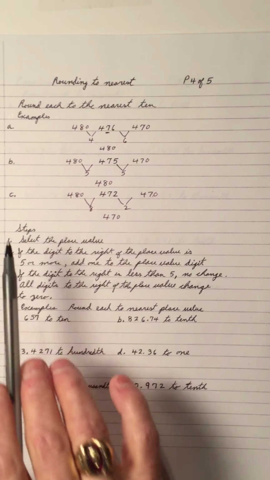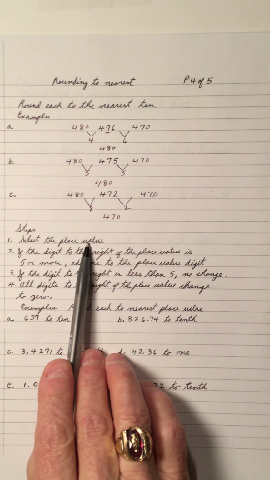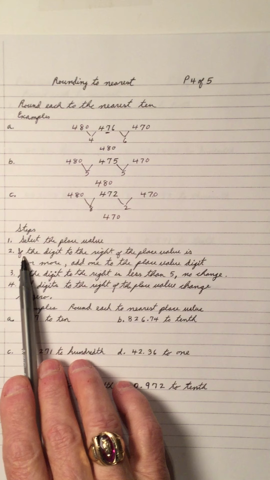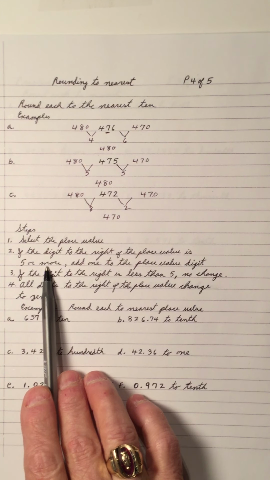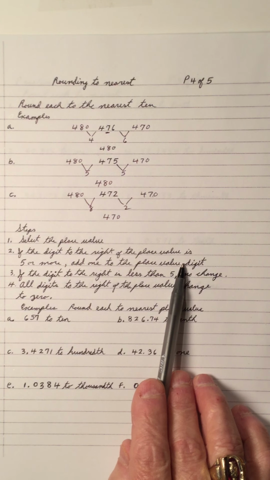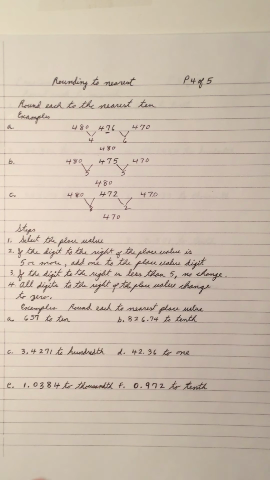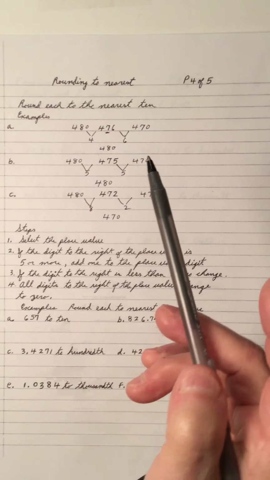If we're going to round to the nearest whatever it is, we select the place value. If the digit to the right of the place value is 5 or more, add 1 to the place value digit. So if you're rounding to the hundreds, you look at the hundreds place, then the digit on the right, and see if it's 5 or more.